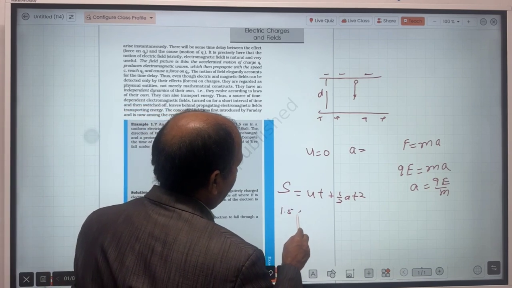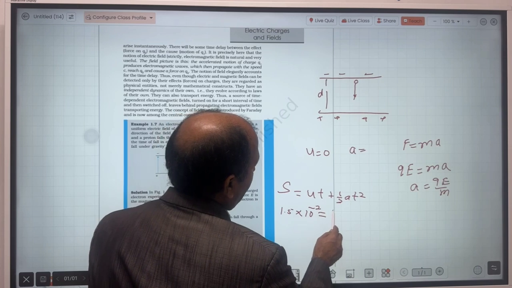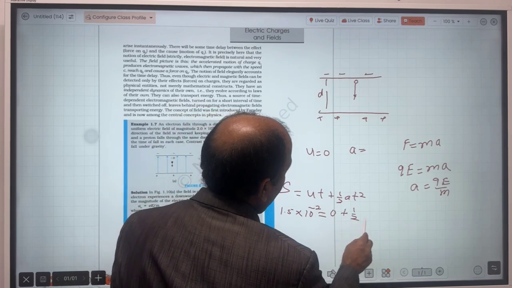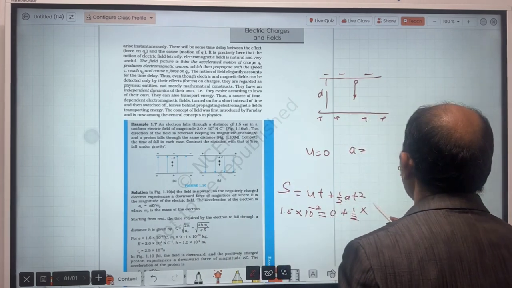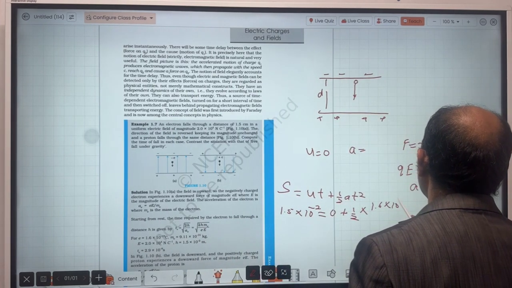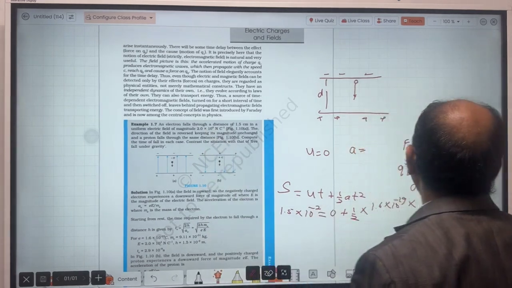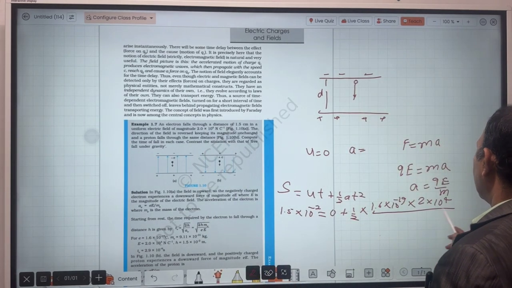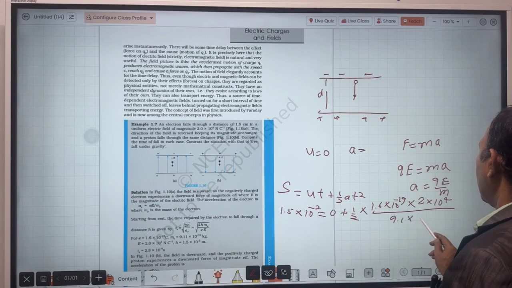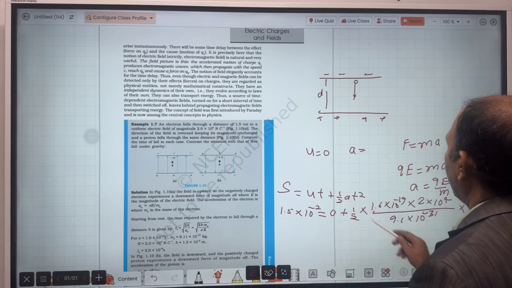So you can write 1.5 into 10 to the power minus 2. Initial speed is 0, so keep it 0. Acceleration you have as QE upon m. Q means charge on electron, 1.6 into 10 power minus 19, into electric field, which is given as 2 into 10 power 4, divided by mass of electron, 9.1 into 10 to the power minus 31, into t square.